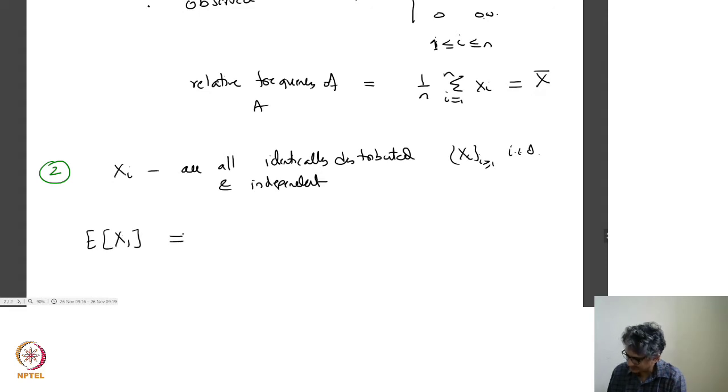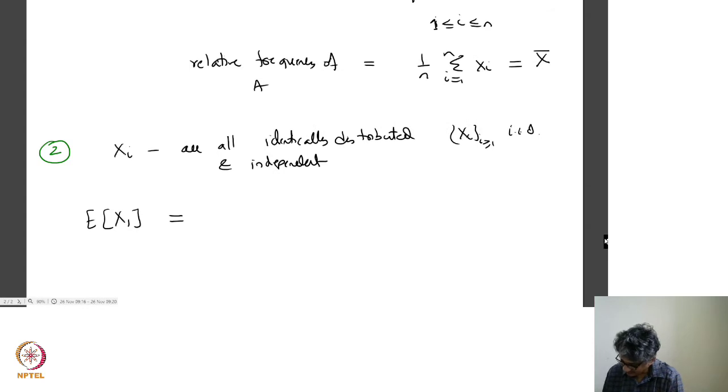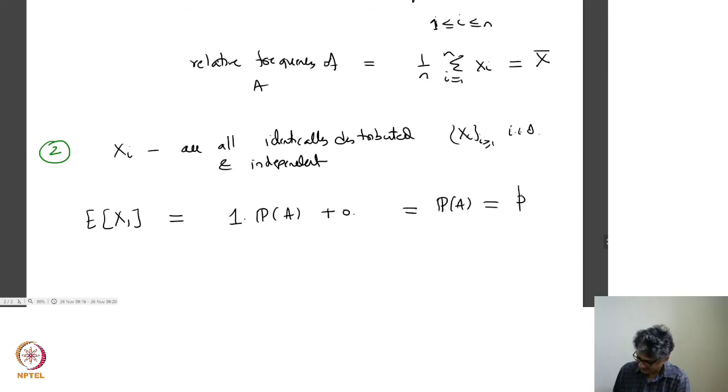E of x1 is 1 with probability of A if A occurs, and 0 with probability if A doesn't occur. So that means E of x1 is just 1 times the probability of A plus 0. So it's the same as the probability of A, which is just my number P.